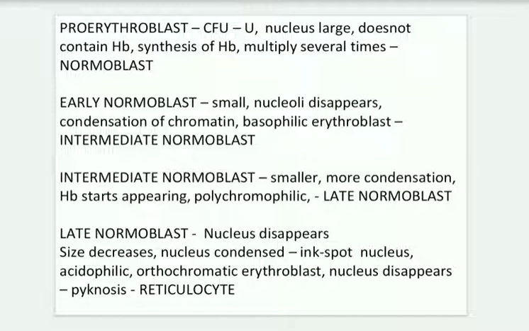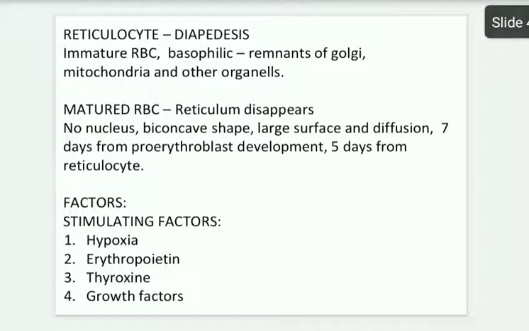Next comes the reticulocyte stage. Remember diapedesis in reticulocyte. Reticulocyte is otherwise called immature RBC. In the cytoplasm, you can see a reticulum formation, and the reticulocyte is somewhat basophilic in nature due to the presence of remnants of the Golgi apparatus, mitochondria, and other organelles of the cytoplasm.